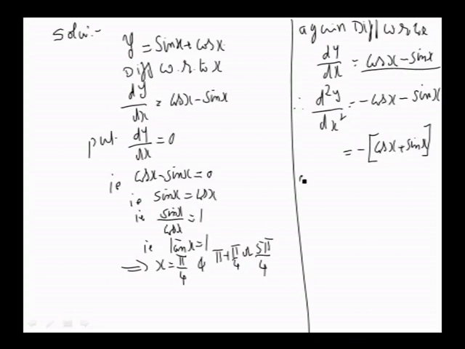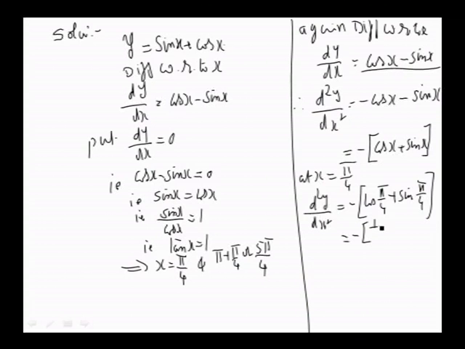At x is equal to pi by 4, d squared y by dx squared is equal to minus (cos pi by 4 plus sin pi by 4), which is in the bracket. Cos pi by 4 and sin pi by 4 each have the value 1 by root 2. We know that, you have studied in your previous semester.